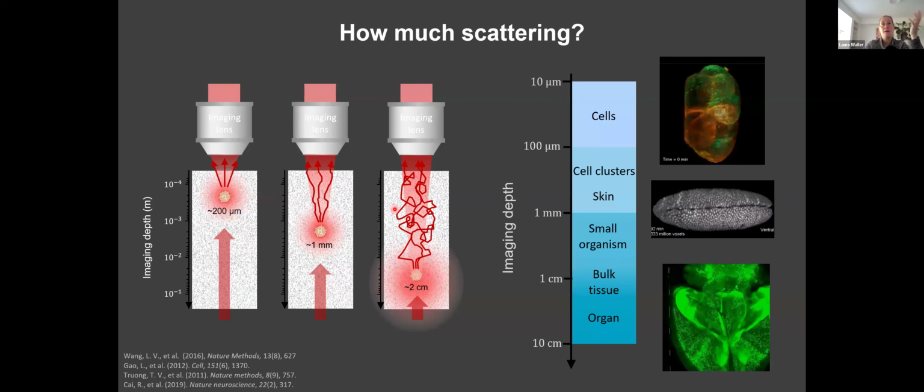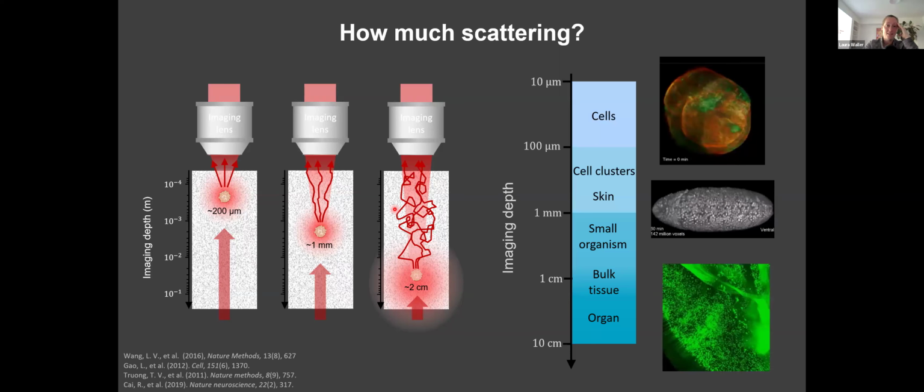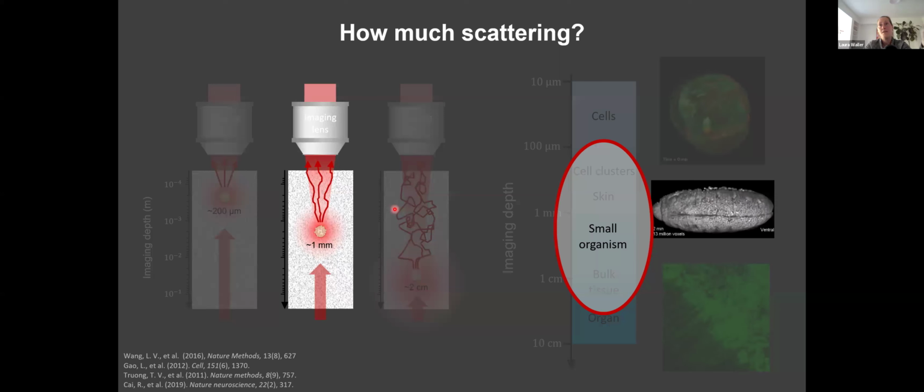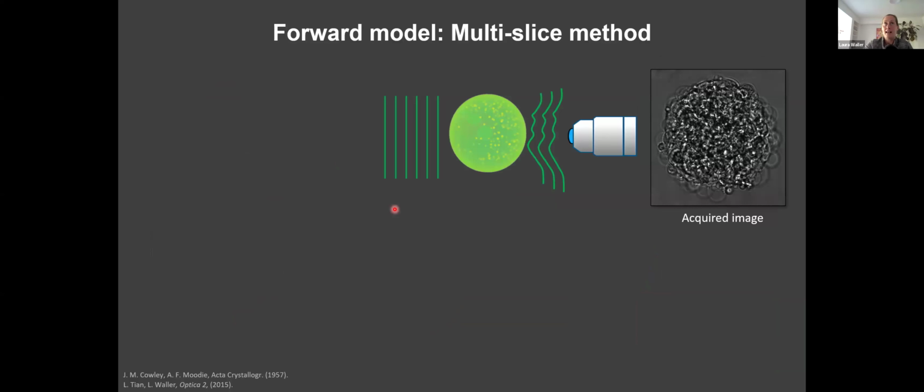So we're not talking about imaging through 2 centimeters of tissue. We're talking about less than a millimeter. And we want to do transmission mode to start with. So we're just going to look at small organisms. But these things can be pretty highly scattering.